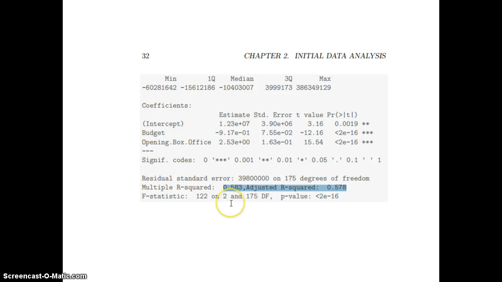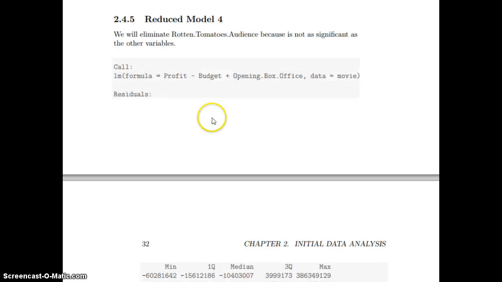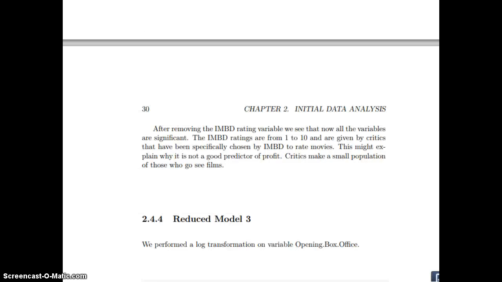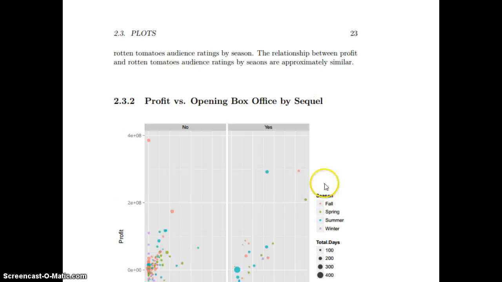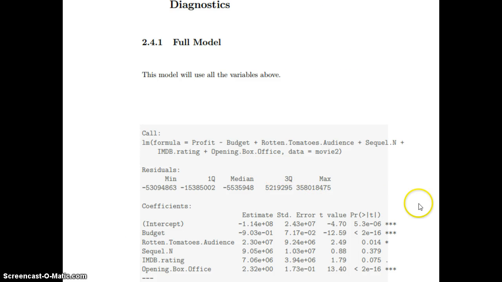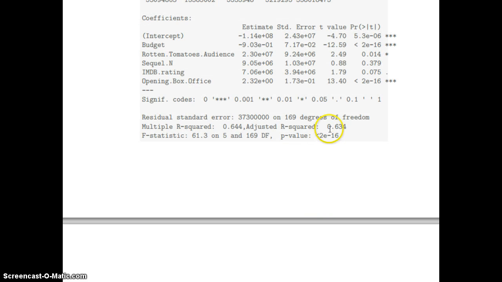So that's basically what I found, was that we could use this last model right here, that uses the least number of variables, but gives us a pretty high R value of 0.5, or we can use the first model that was way over here, that uses all these variables, but it gives us an r squared of 0.6.